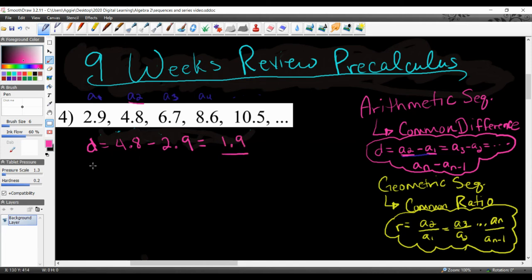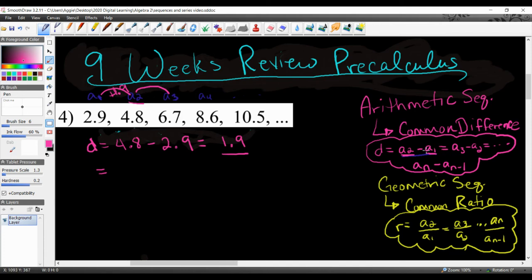Now assuming that this is an arithmetic sequence, we can continue to check the next term. So far from here to here, we have added 1.9. If this is also 1.9, then we're probably going to have an arithmetic sequence.